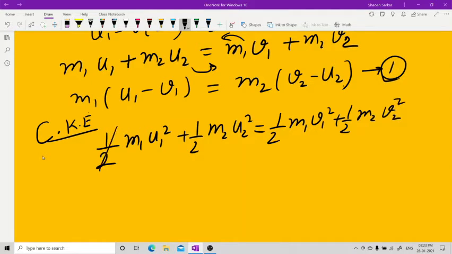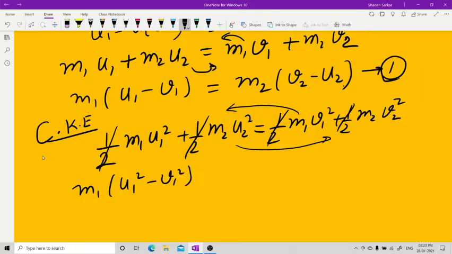So just cut half, half, half on all sides. Bring this m1 on this side and take the m2 on this side. Now you have m1 times u1 square minus v1 square common. I've taken the m1 out common. Now m2 will be taken out here and this will be v2 square minus u2 square.